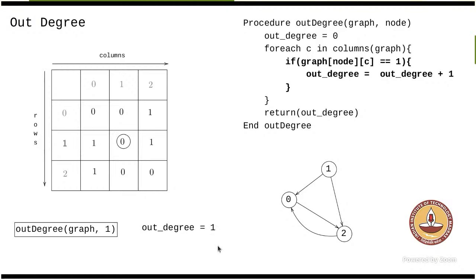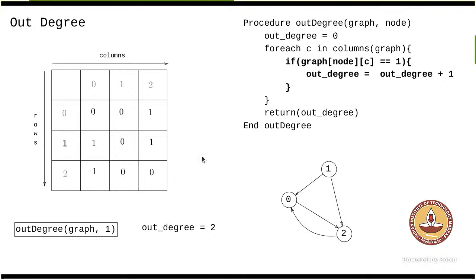Then we move to C equal to 1, which will not satisfy. So we go to the last column in the graph, and it will increment again. Out degree is 2. That's the end of the loop, and then outside the loop you have return out degree.